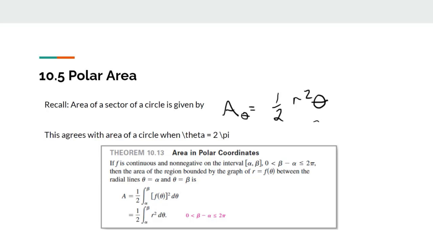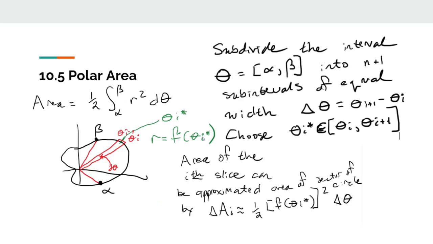And then I drew a little picture and a little explanation. Subdivide the interval theta going from alpha to beta into n+1 subintervals of equal width, delta theta, which we define as theta i plus 1 minus theta i.